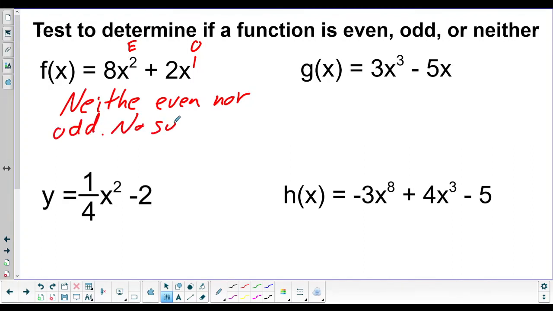No symmetry. Okay. If we look at g of x, our exponent here is 3. That's odd. Our exponent here is 1. That's odd. Odd, odd. This is an odd function because every single exponent is an odd number.